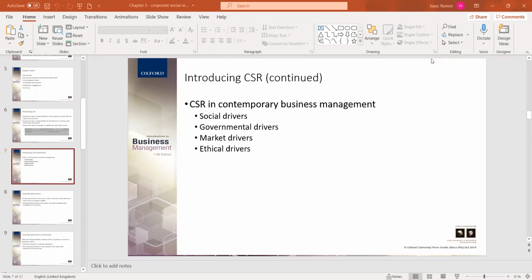He published a book titled Cannibals with Forks: The Triple Bottom Line of 21st Century Business in 1998. This book is very, very important to this discussion. It tells us that if a company would want to assess its corporate social responsibility, then there is a triple bottom line that a company must try to focus on.